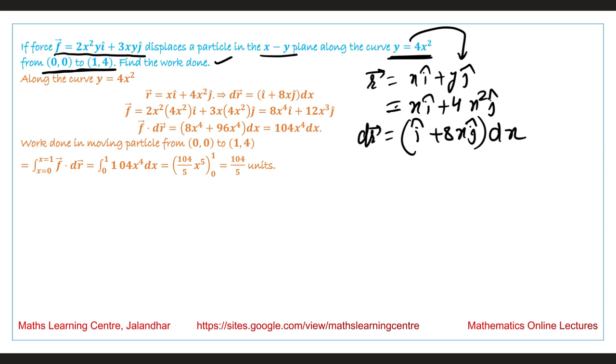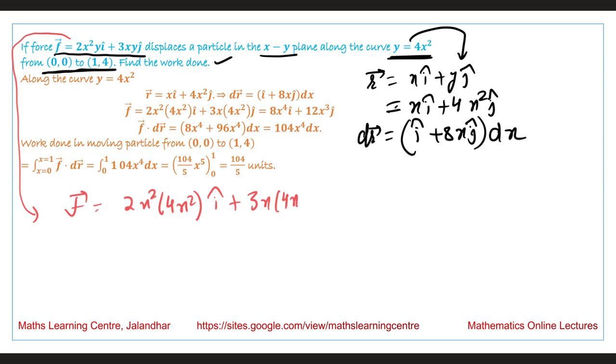Now the value of f vector we have is 2x square, in place of y we are substituting 4x square, i cap plus 3x into 4x square j cap. So this value we have is equal to 8x raised to the power 4 plus 12x raised to the power, this is i cap and this is j cap.